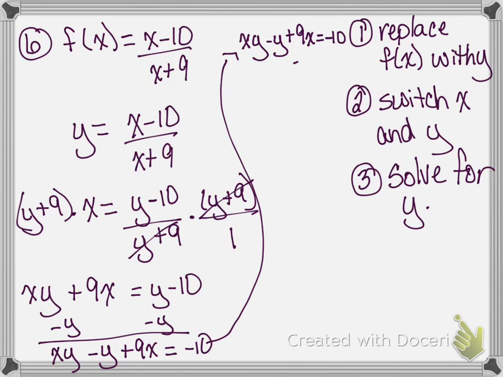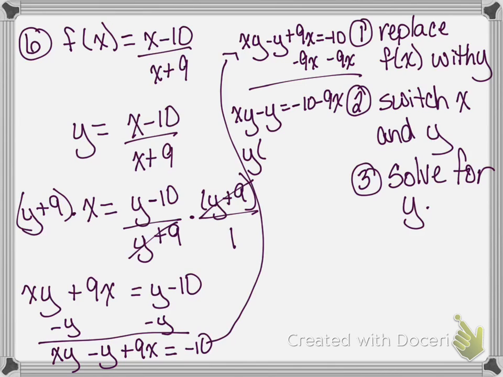Now I am going to subtract 9x from both sides. So I have xy minus y equals -10 minus 9x. Okay, this is where students get confused, because I need to factor out a y. Y is my GCF right here, so I need to factor that out.